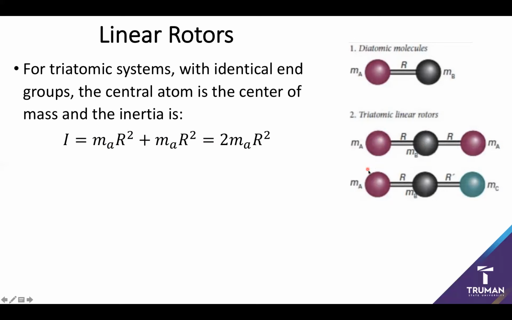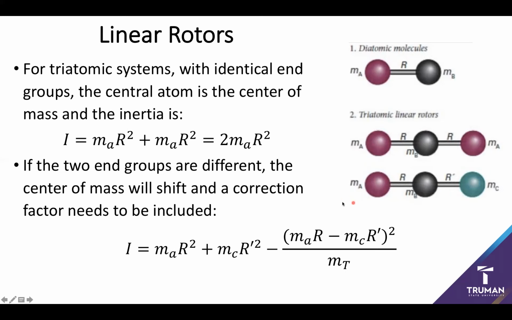Now, when the atoms are different, we have a little issue because my masses are going to be different and my bond lengths are different, which means that my center of mass ends up shifting. And we can essentially account for that by adding an extra correction term here on the end.